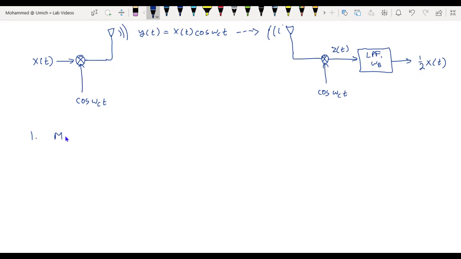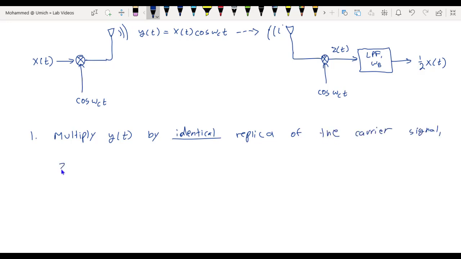Step 1 is multiply y(t) by an identical replica of the carrier signal. So z(t) equals y(t) times cosine of omega_c t.